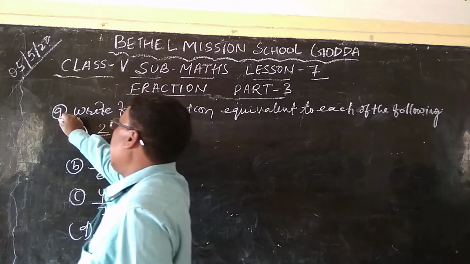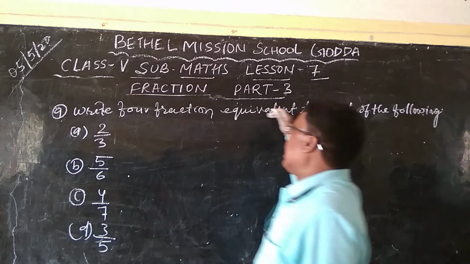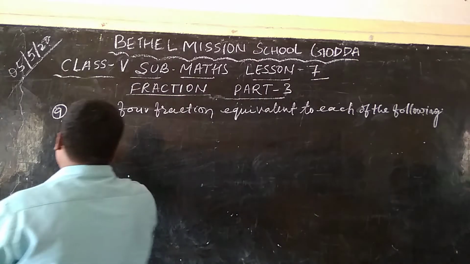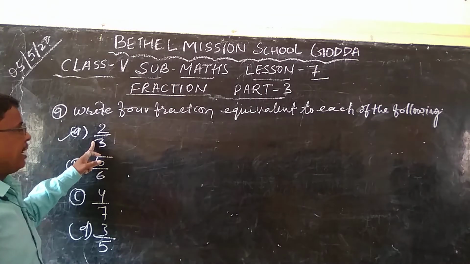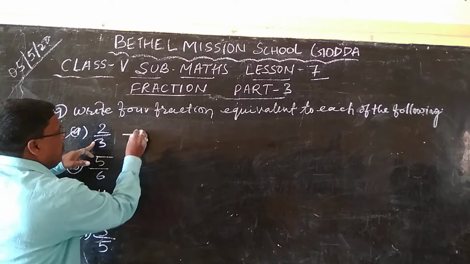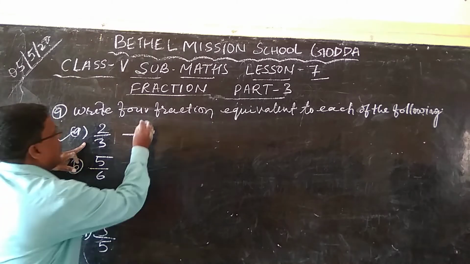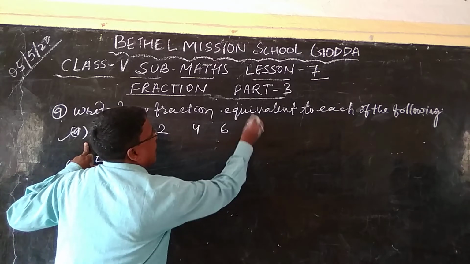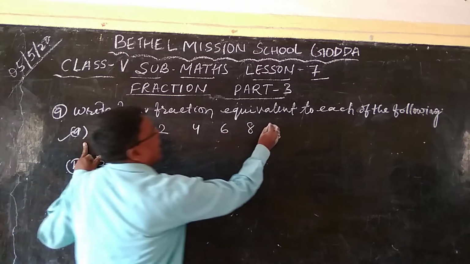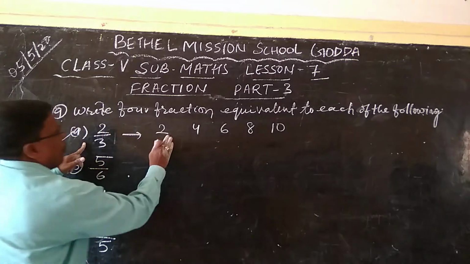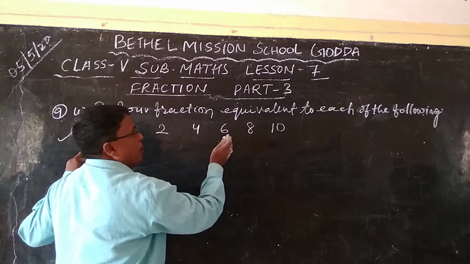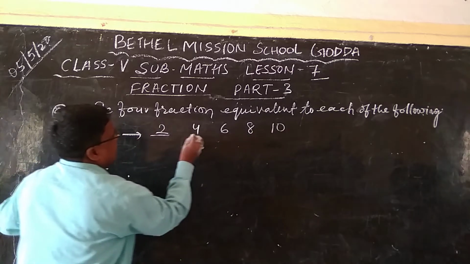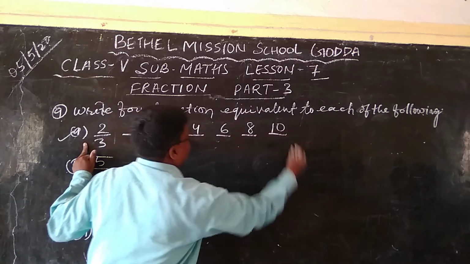Next, question number 9. Write 4 fractions equivalent to each of the following. So the fraction given, first number, 2 by 3. So write 2, 4, 6, 8, 10 like this. 2 1s are 2, 2 2s are 4, 2 3s are 6, 2 4s are 8, 2 5s are 10. Draw a line.